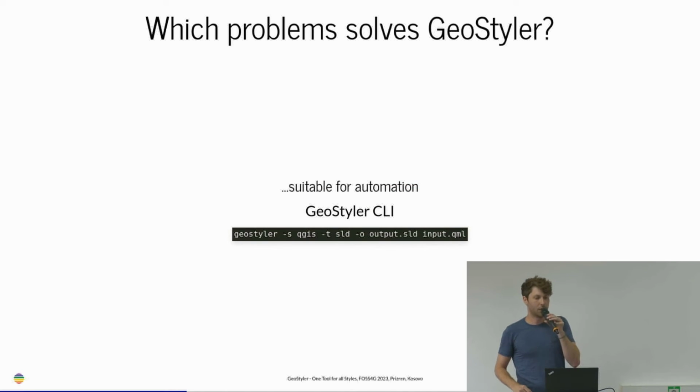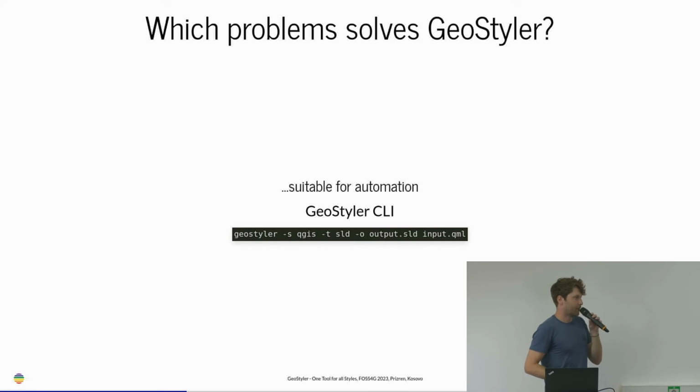Also, GeoStyler is suitable for automation. If you have seen the MapServer talk before by Seth, you could see that he uses the GeoStyler command line interface to convert file-based styles to other styles. So we created a tool, that's the GeoStyler CLI, that allows you to convert multiple files with one command to any other format.